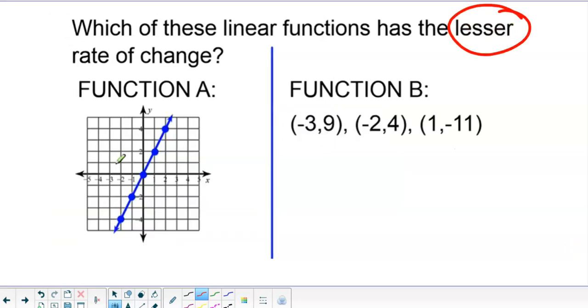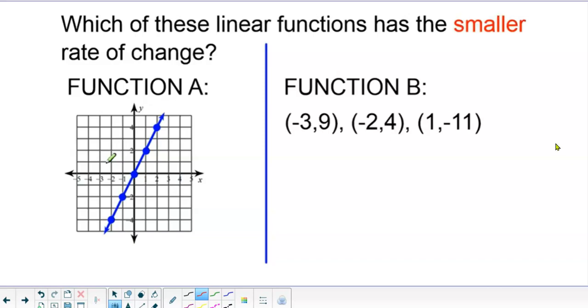This one is asking, which one of these linear functions has a lesser value? Another way of saying that is, which one has the smaller rate of change? This time, function A is shown as a graph. When we calculate the rate of change from a graph, we draw these slope triangles to calculate the rise and the run, also known as the change along the y-axis and the change along the x-axis.